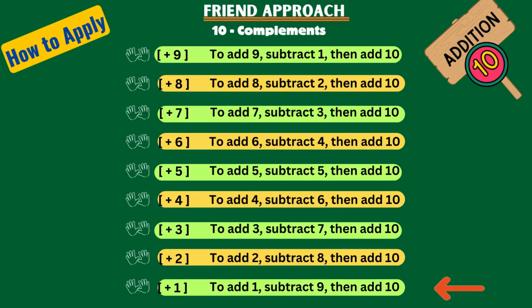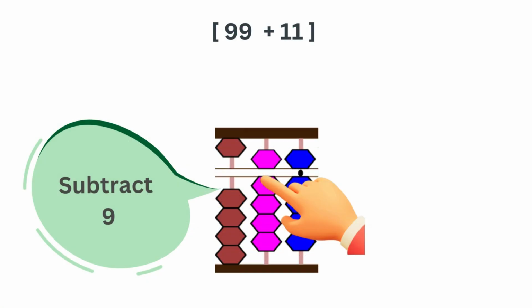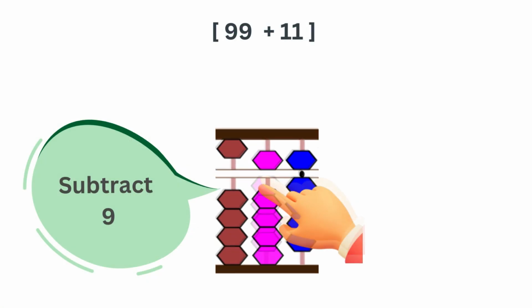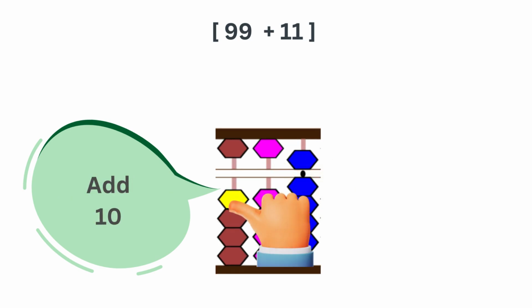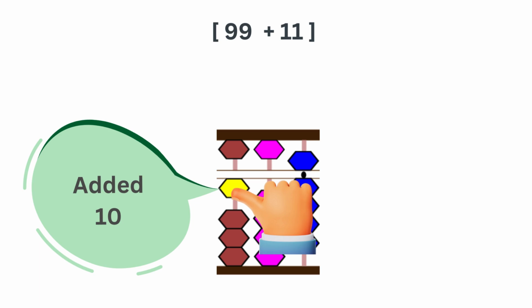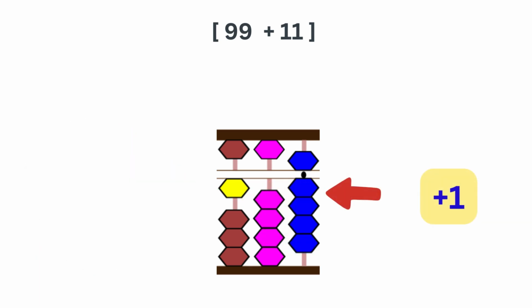According to the formula, to add 1, we subtract 9 and add 10. Therefore, we subtract 9 beads in the tens column. Then add 10, carrying over to the next digit. Next, we want to add 1 in the ones place column. But, there are no beads available in the ones place column either.